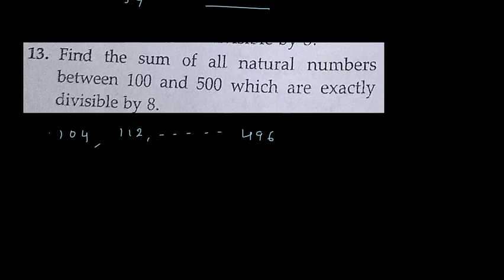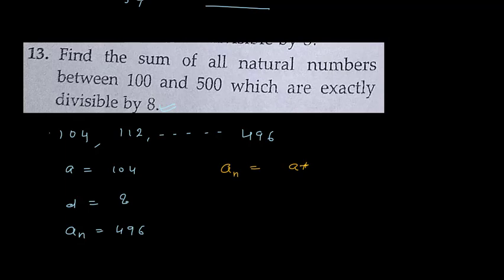So the last number is 496. So I will say that A is 104, D is 8, it is divisible by 8, and An is 496. First we apply the formula for An, and we will find the value of n.